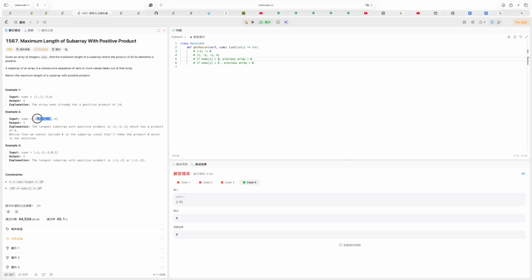I think I would like to know the previous array length with positive and negative, like the longest positive array. Like if nums[i] is larger than 0 and the previous array is positive, then the length can be added by 1.